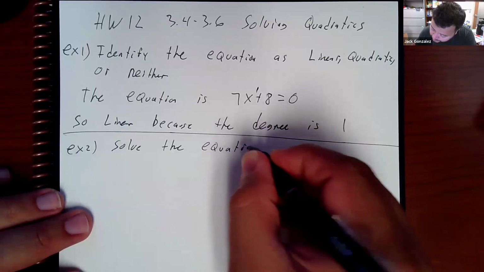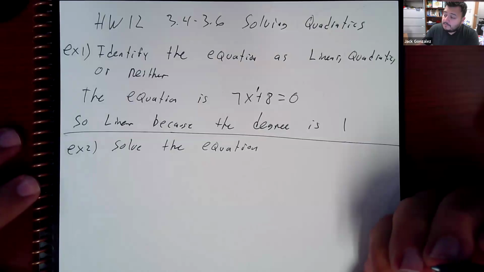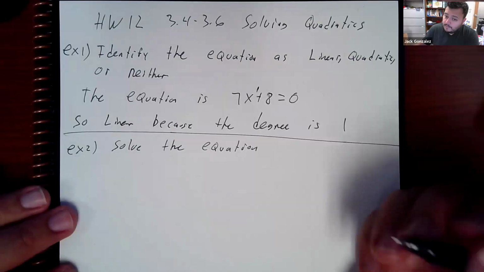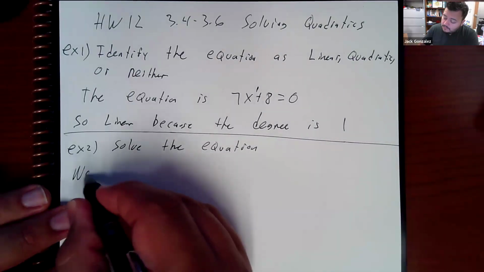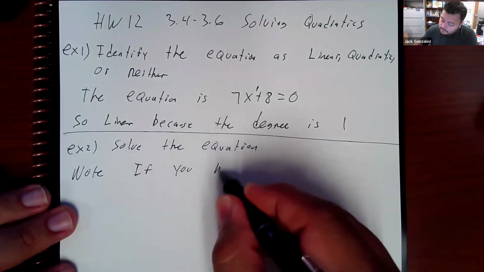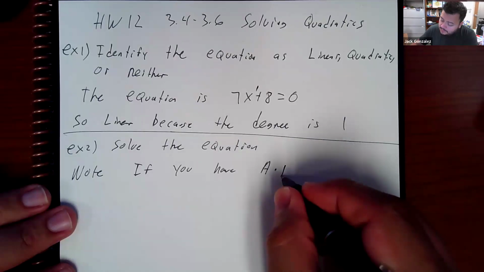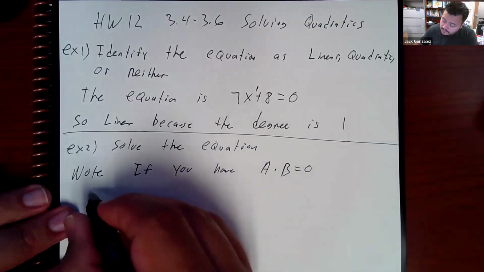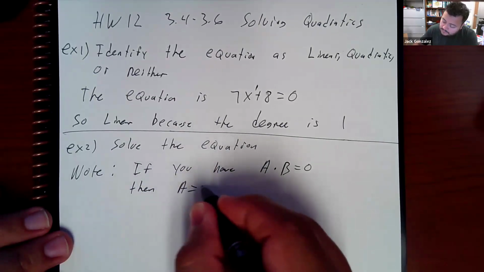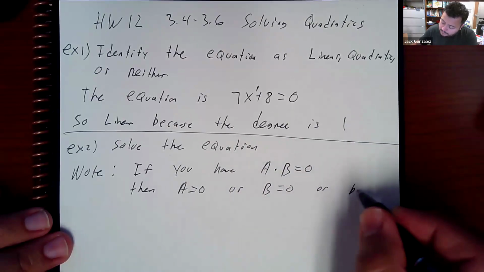So if you saw the videos, whenever you solve a quadratic, you basically have to factor. Your goal is to get the zero factor property. So note, if you have a times b equal to 0, then a is equal to 0, or b is equal to 0, or both.